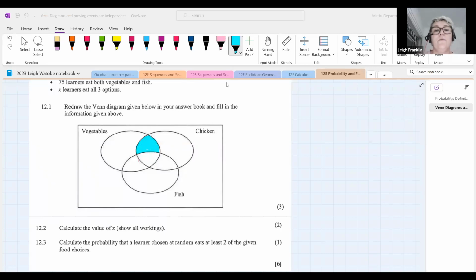Good, Katleho. Good, Lihlu. Nice, iPhone. Good, Kamogelo. Perfect. So veg and chicken only, or veg and chicken but not fish would be another way to describe that blue region over there.